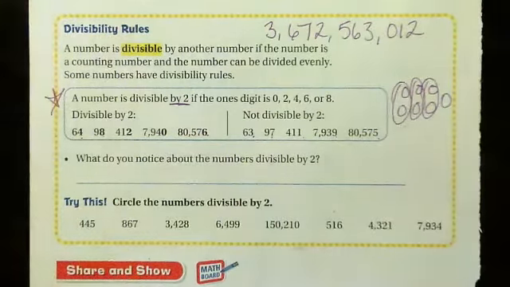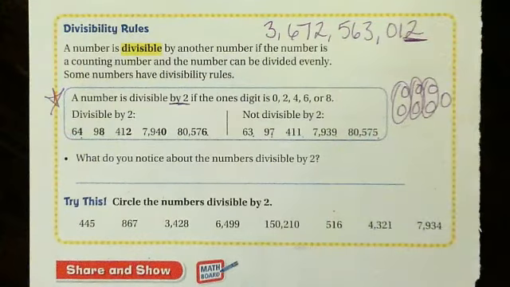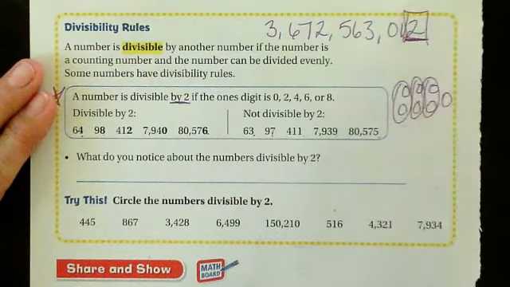So, can I tell if this is an even or odd number? Sure. I look at the number in the ones place value. This is an even number. See how cool that is? This is the only place value we look at to determine if it is even or odd.